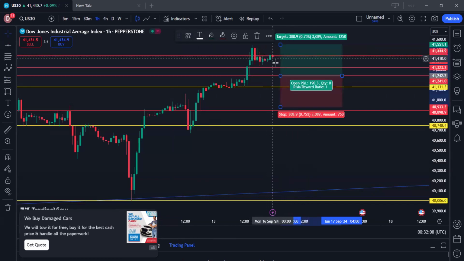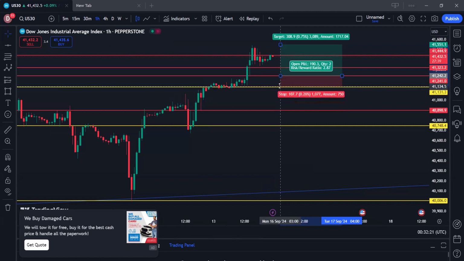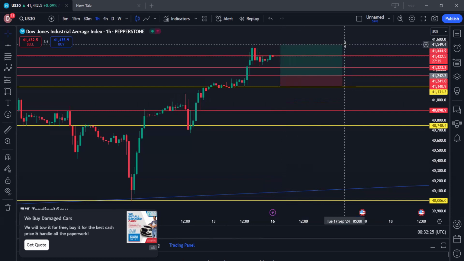You probably see just a pullback touching within 41,245 around about there, and then get to a really good level, which is around the 41,550 level, hitting TP on a 1 to 3 ratio.